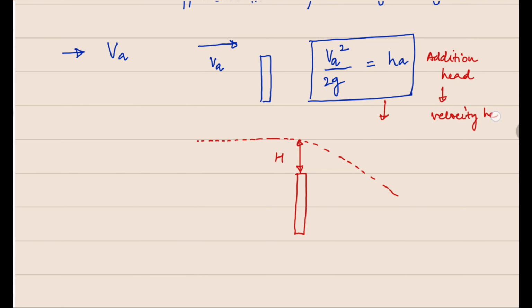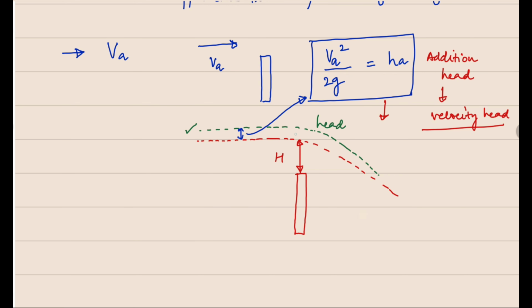If we include the head, this profile should be somewhat like this. This is not the actual flow line; however, this is the head at this location. Head at this location is coming all the way from this value.